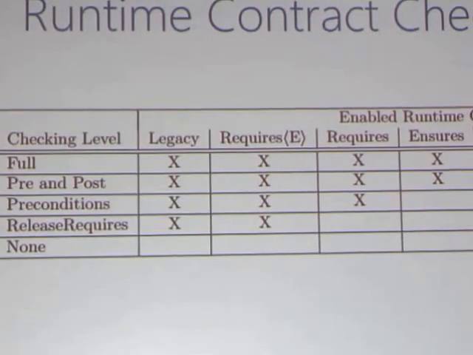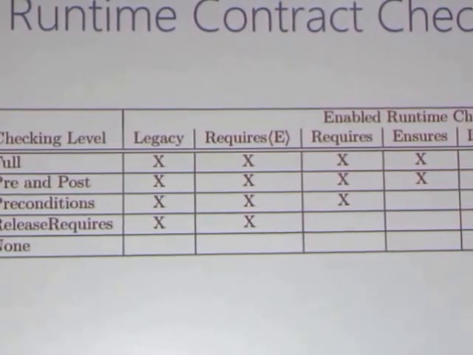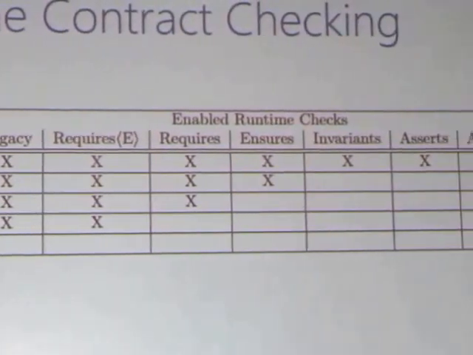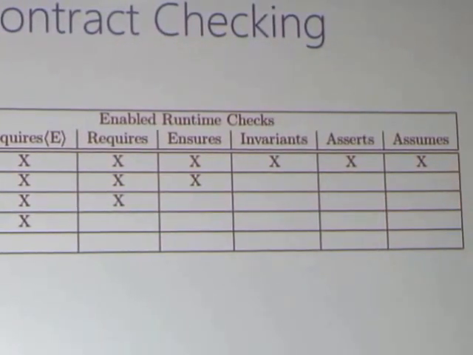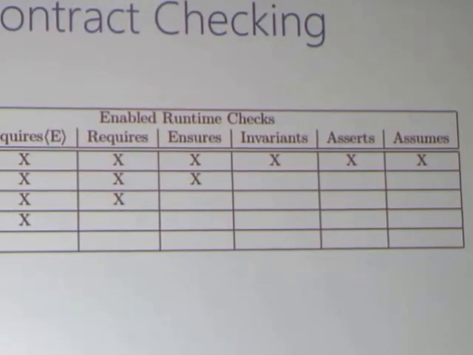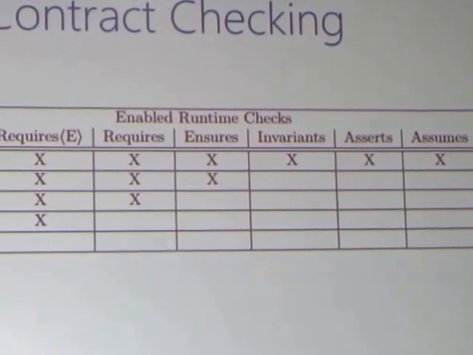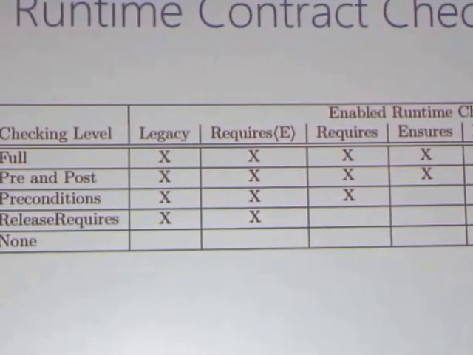And then you have requires with custom exception, requires, ensures, object invariant, asserts, and assumes. So with full, everything will be checked. Your code will be completely rewritten, and all code contracts will be completely replaced with custom code.